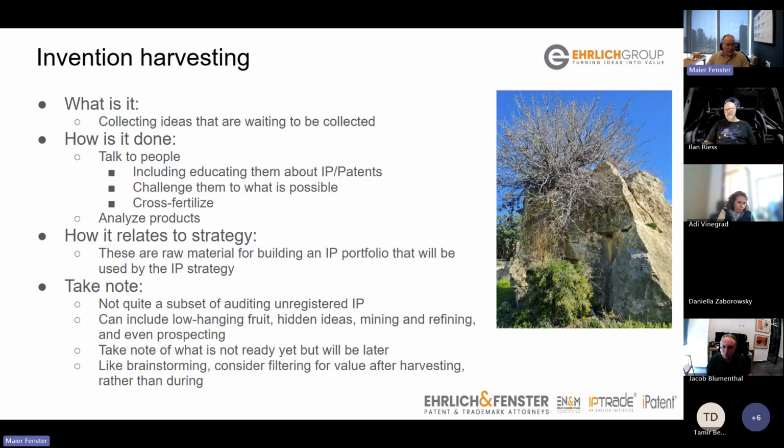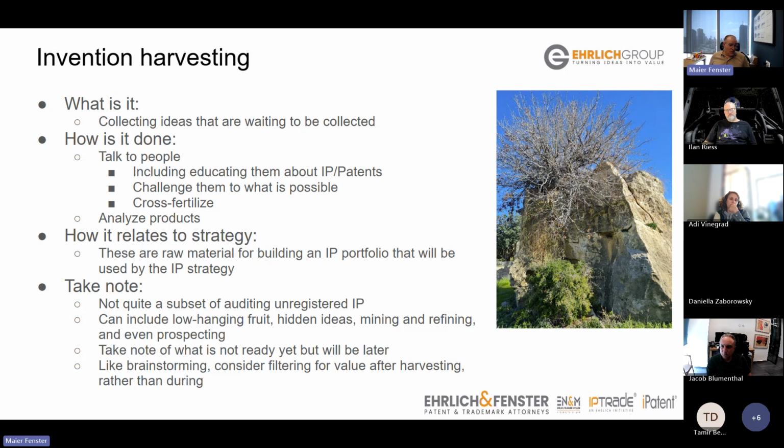What does this have to do with strategy? Well, these inventions that you're harvesting are raw material for building an IP portfolio, and the IP portfolio will be used by the IP strategy. And there's definitely a relationship between invention harvesting and unregistered IP. And I use the word harvesting, which is ideas just waiting to be picked up.